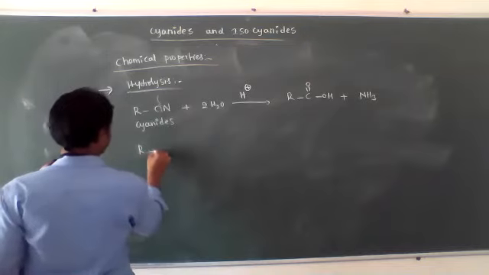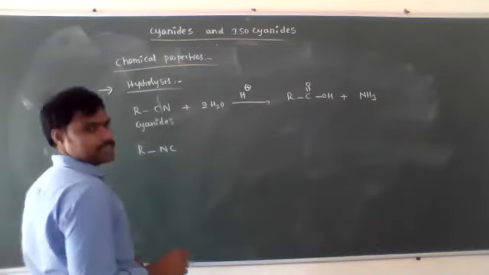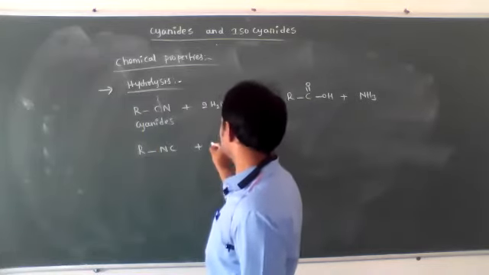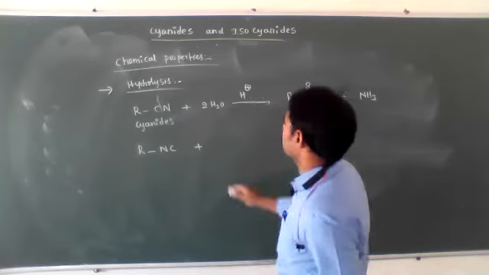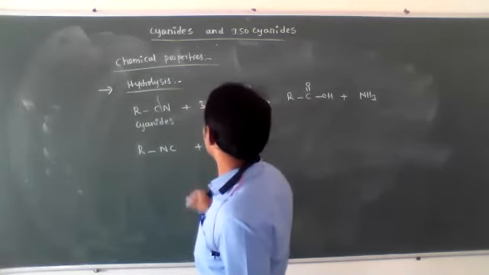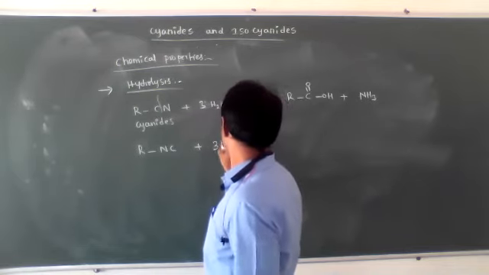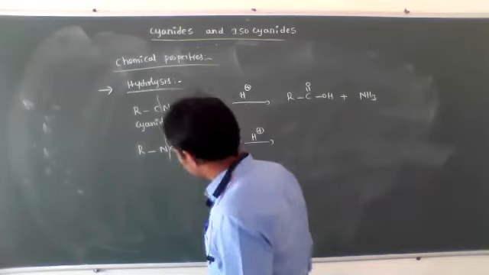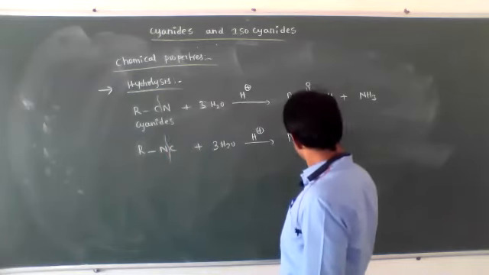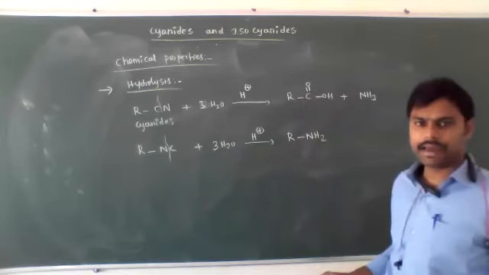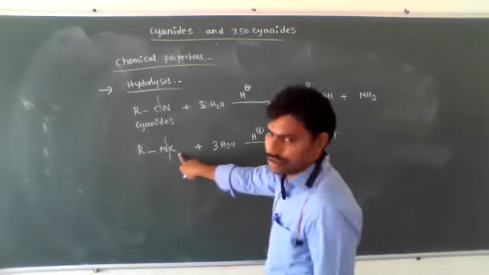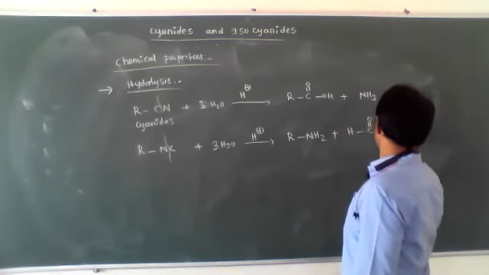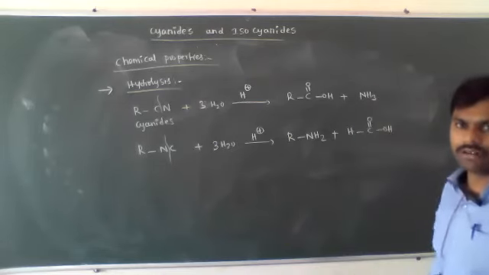Isocyanides, RNC, on complete hydrolysis in acidic medium give primary amines, plus one carbon atom comes out in the form of formic acid, HCOOH.